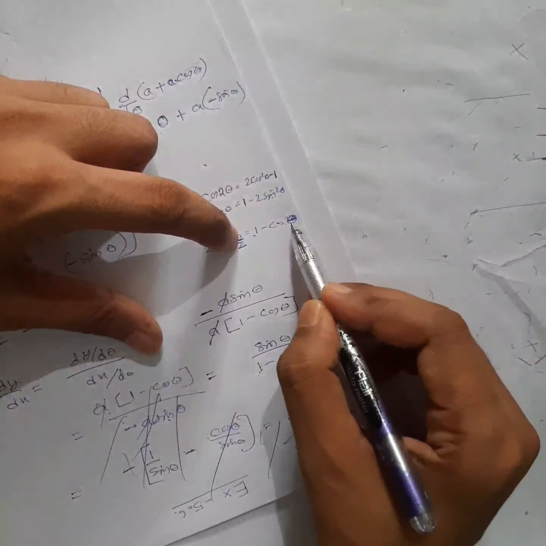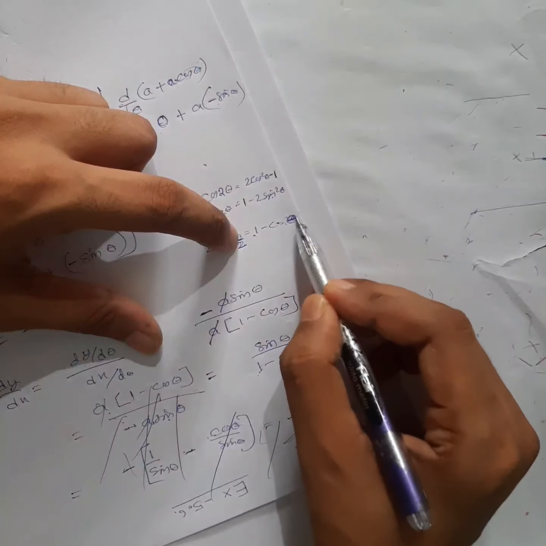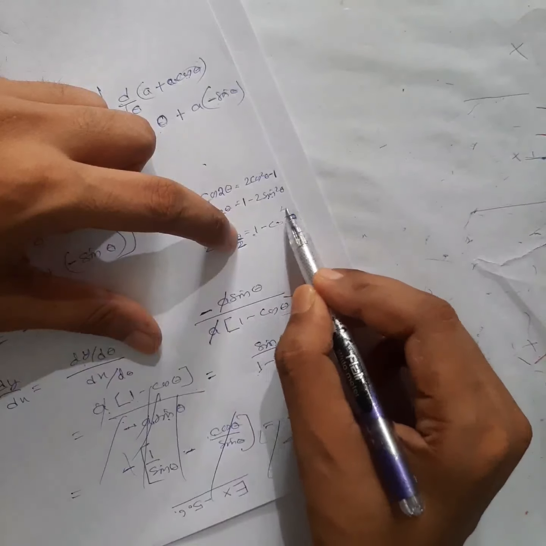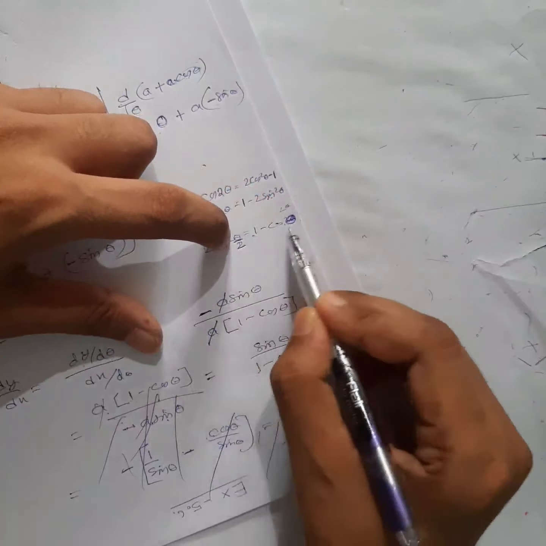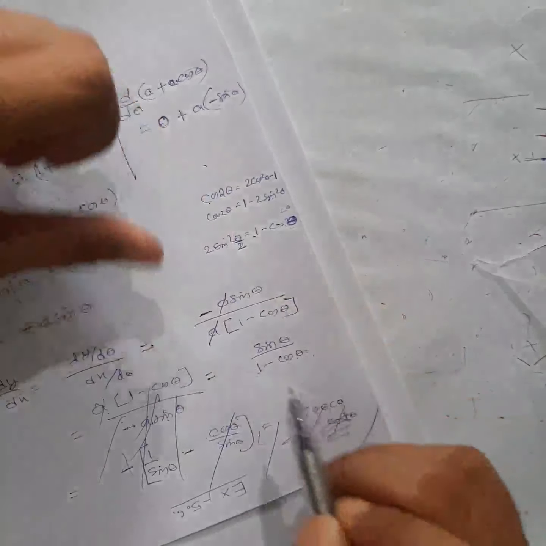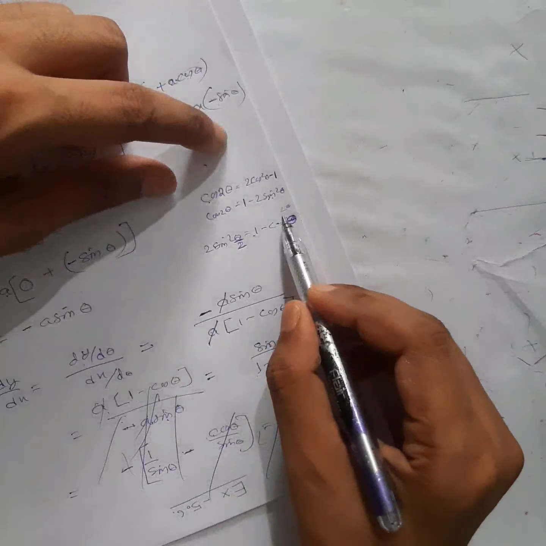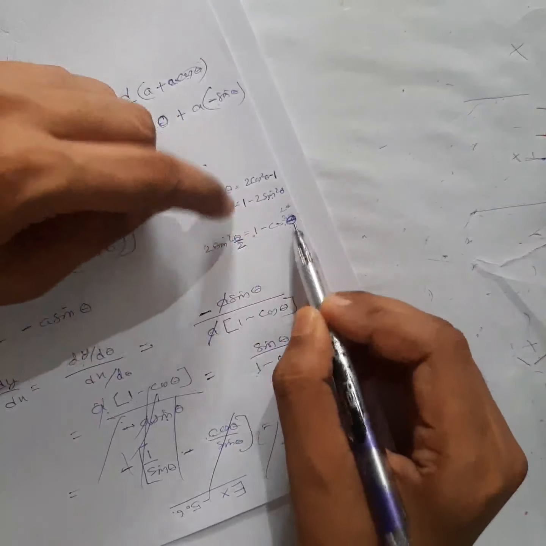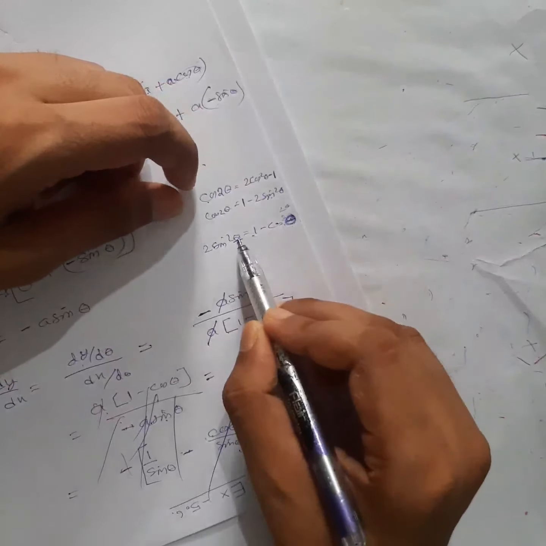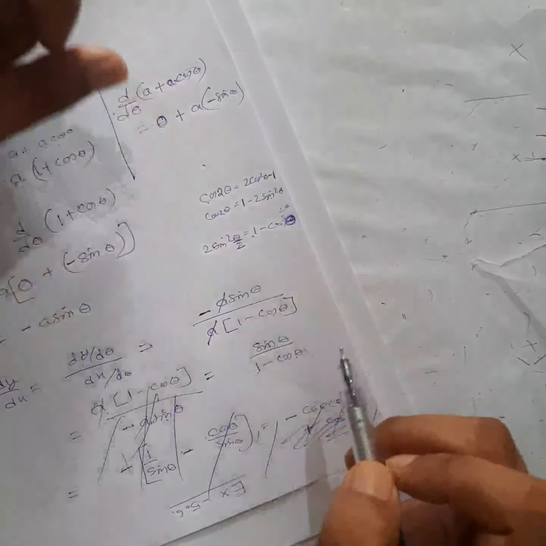Now this itself is half. This is not 2 theta now. This is theta. That is half of 2 theta, right? If this is half, again this one will be half of this. This will be how much? Theta by 2. I hope you have understood. When this is 2 theta, this will be half of this. So when this is theta, this will be half of this. Means how much? Theta by 2.